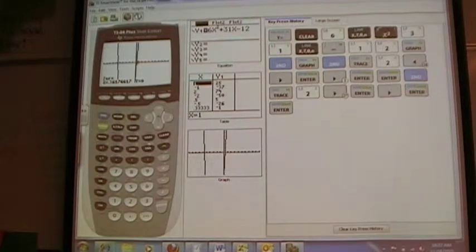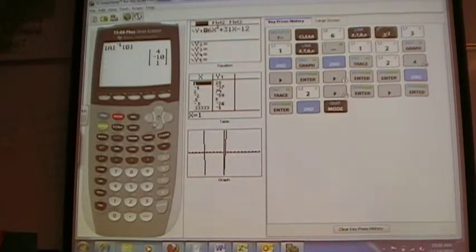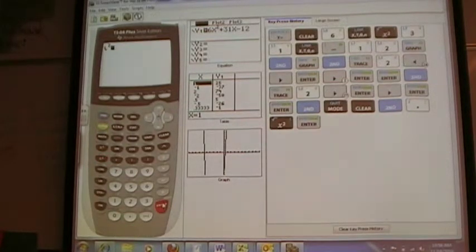So if I go here, and I just want to figure out what i squared is, you would hit second i, squared, enter, -1. Second i to the third, enter, -i.